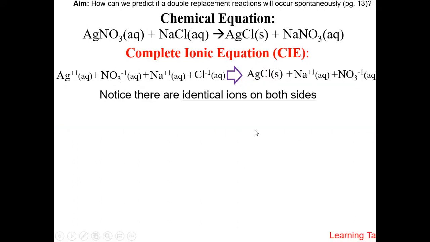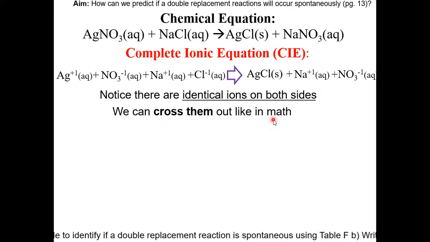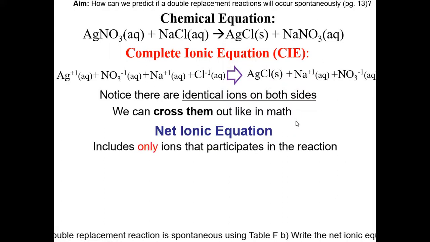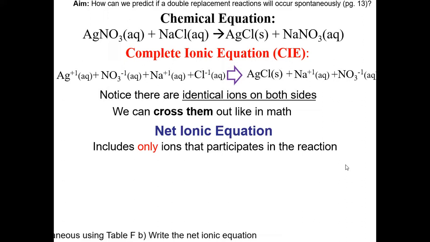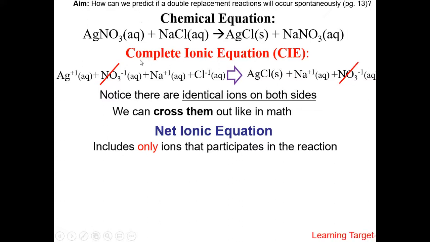Notice there are some identical ions on both sides. We can cross them out like we do in math, and then we can get a net ionic equation, which only includes ions that participate in the reactions. We're basically crossing out the spectator ions. So notice that the nitrate ions are present on both sides. We can cross them out. The sodium ions are present on both sides as well.